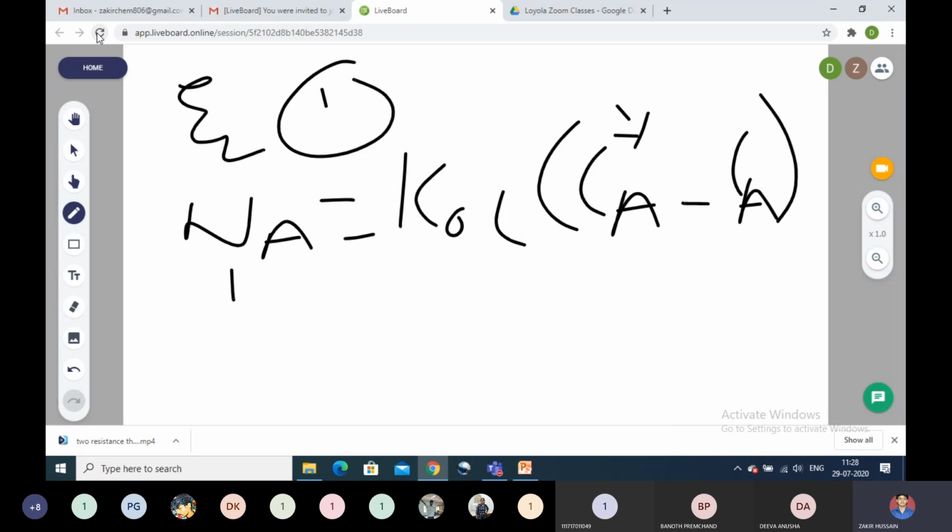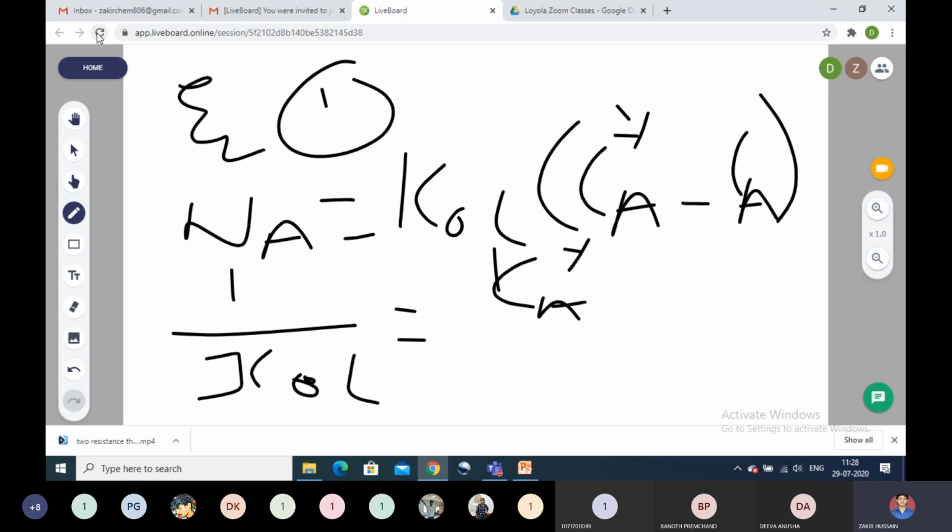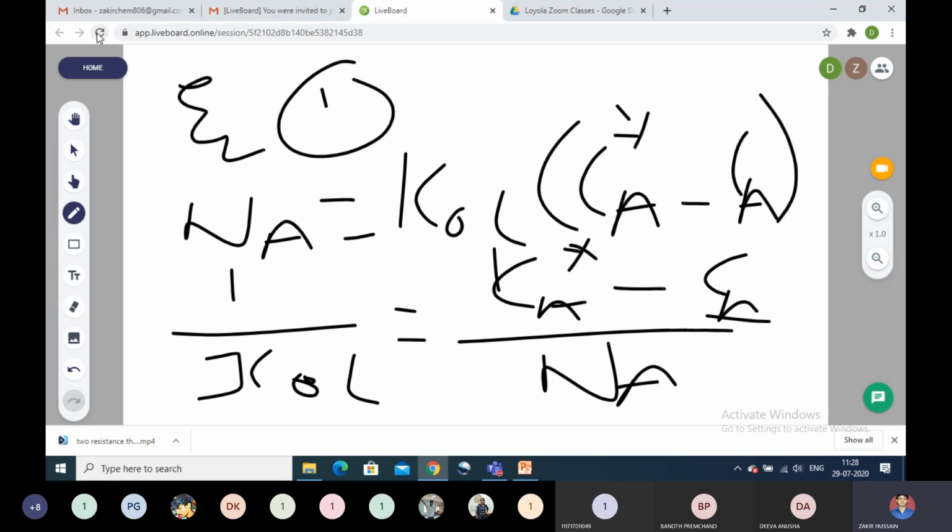So from this one we can write 1 by KOL is equal to Ca star minus Ca by Na.